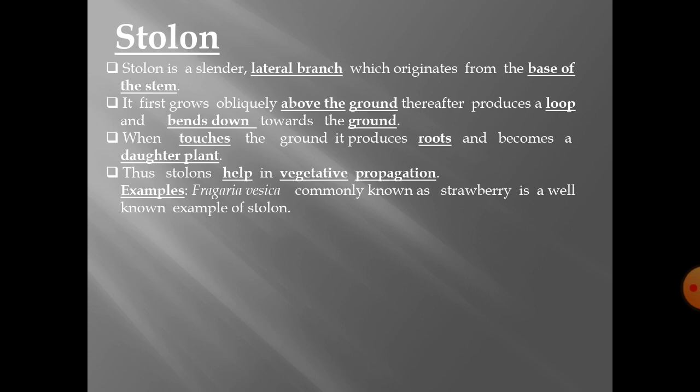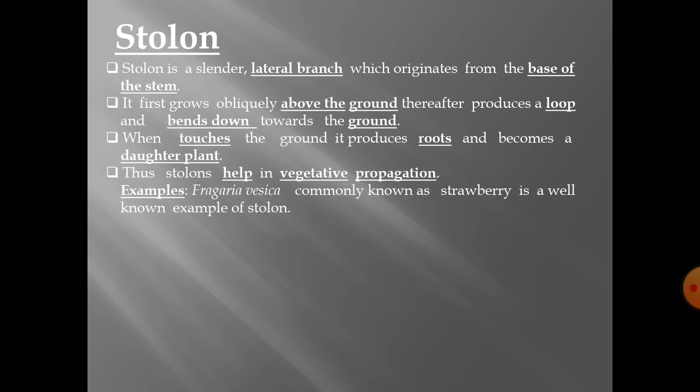A question arises here, how is a stolon different from that of a runner, as both of them grow and run above the soil surface and give rise to roots wherever the nodes touch the ground? In answer to this question, I would like to share two facts.